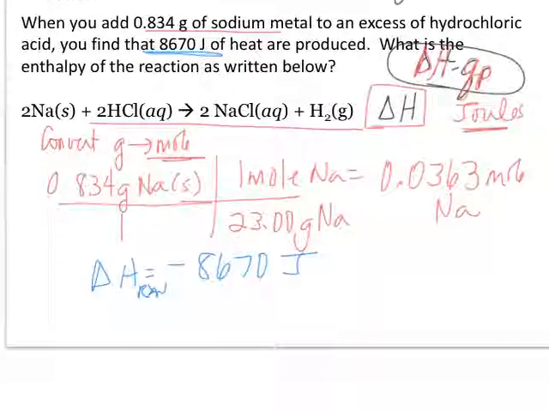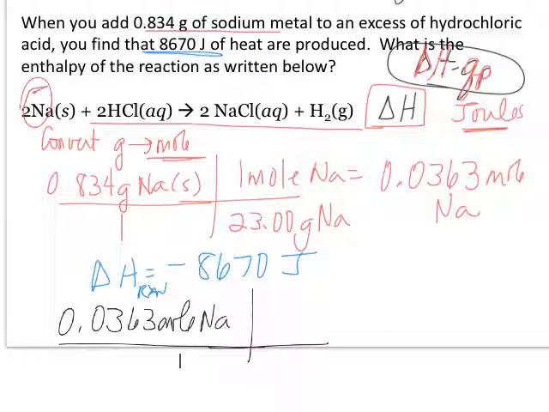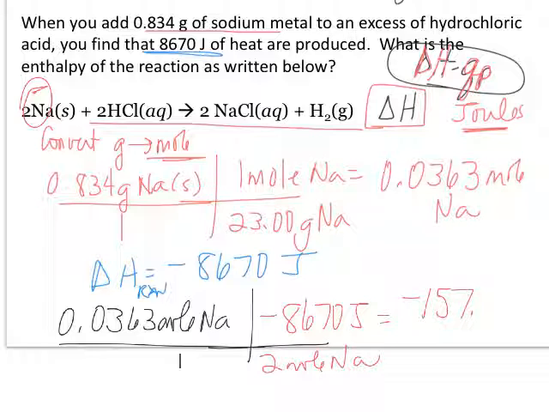So the way that I did this reaction was 0.0363 mole of sodium, and you see the coefficient here, 2 mole of sodium, we get negative 8,670 joules, and that works out to negative 157.2 joules.